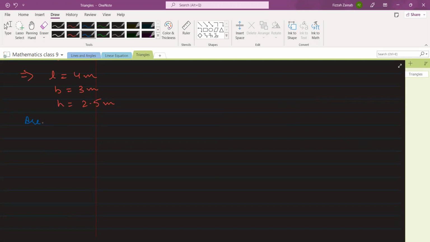So area of tarpaulin required will be PSA of cuboid, total surface area of cuboid, minus area of base or bottom.